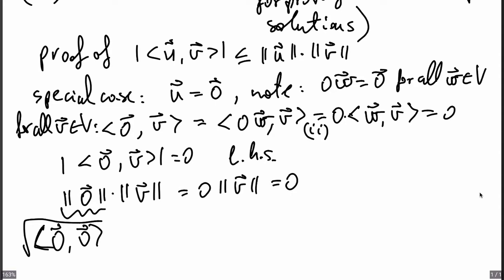So the left-hand side and the right-hand side are both zeros. And we do have that 0 less than or equal to 0 is true, since we allow equality.